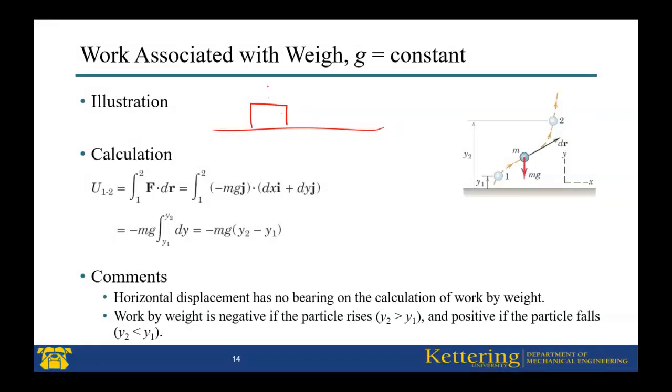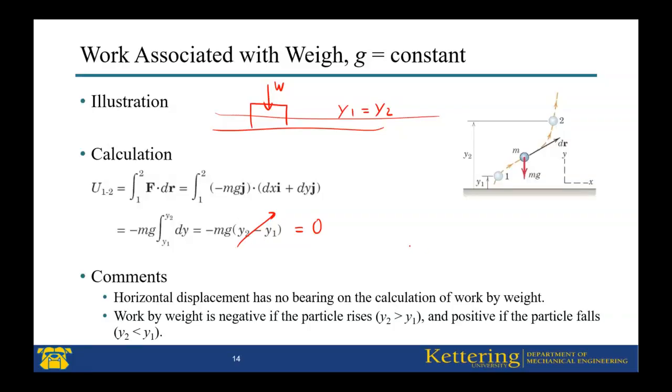I just mentioned that the work done by the weight is 0, because this one is just moving along one straight path. The y1 equal to y2, this is the reason. Also, the work done by the weight for a straight path is 0.